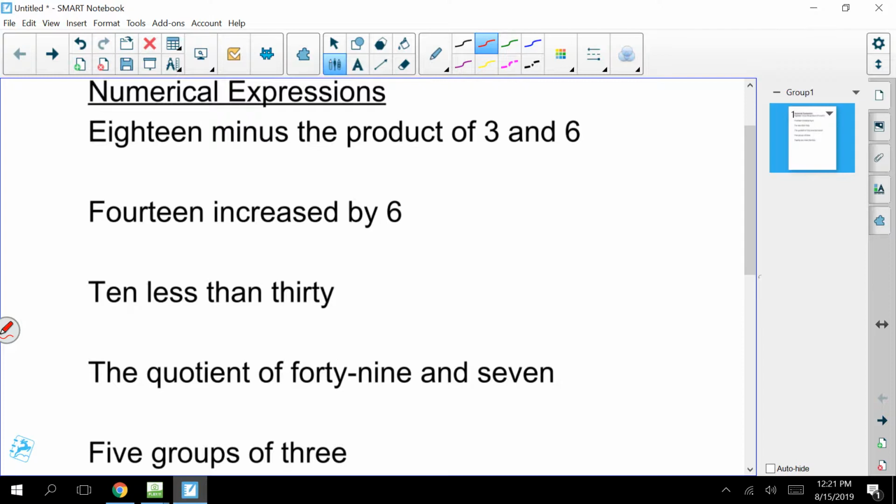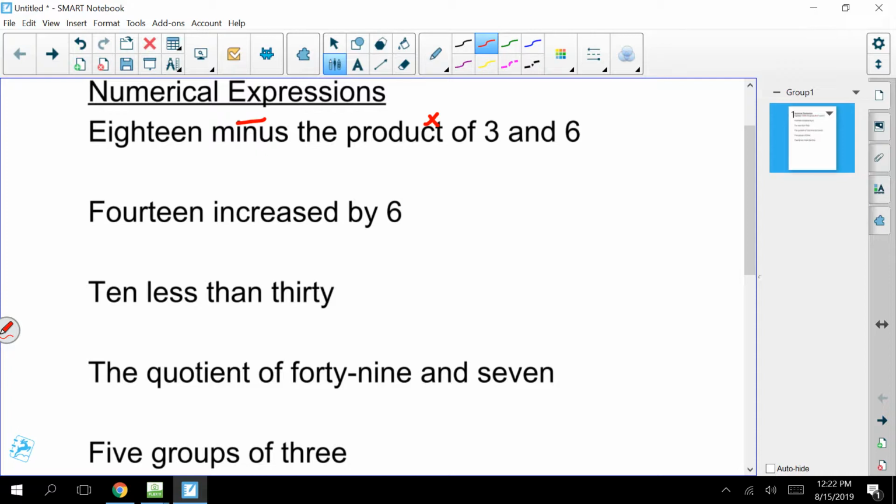Okay, 18 minus the product of 3 and 6. So what does minus mean? Subtract. The product of 3 and 6. So what does product mean? Product means to multiply. But if it says the product of 3 and 6, I'm multiplying 3 times 6.